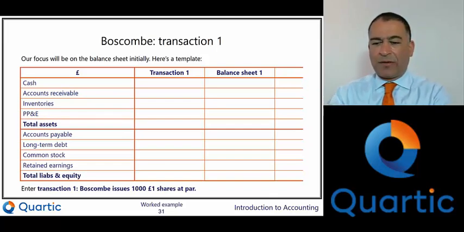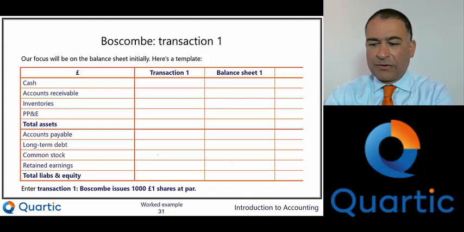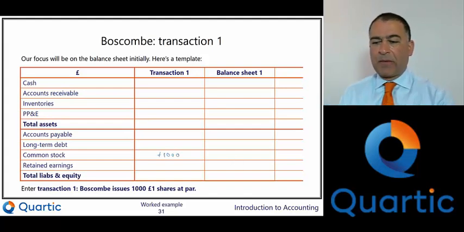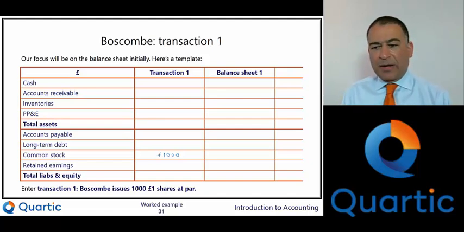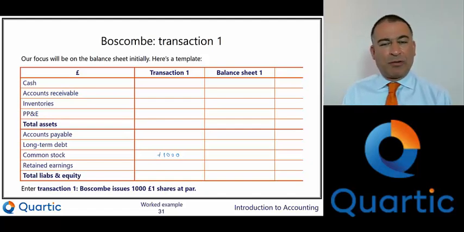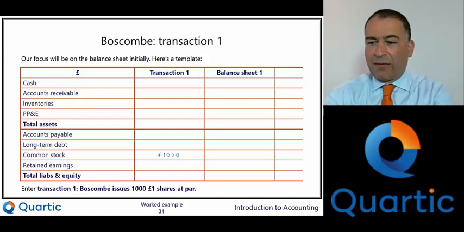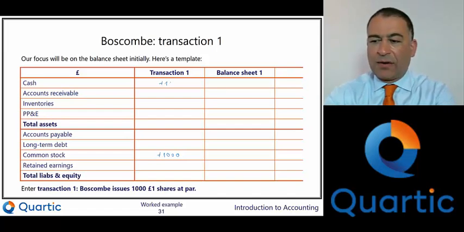Have a go at that now. Hopefully you have got the fact that it says common stock, so common stock of 1,000 comes in. So we've raised £1,000, we've issued £1,000 of shares. Why have we issued £1,000 of shares? Because we wanted to generate some cash, and therefore cash comes in of £1,000. That then gives us a total balance sheet so far of 1,000, nothing, nothing, nothing.